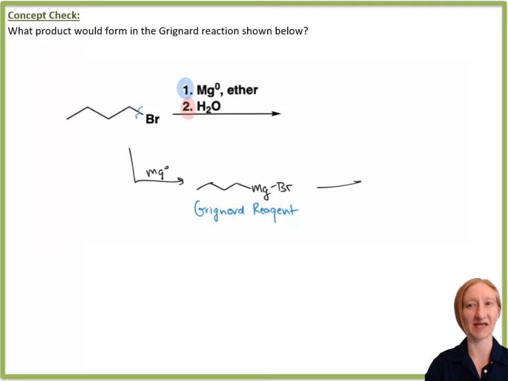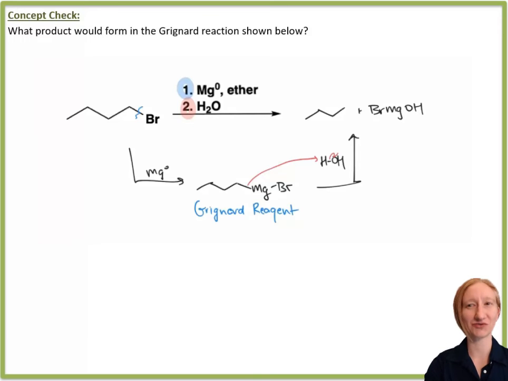Then in the second step, the Grignard reagent will act as a nucleophile to attack the electrophile. Here we have only water, so in water, remember that the proton is the electrophilic piece. And so the Grignard reagent will attack the proton to form the alkane and magnesium hydroxide.